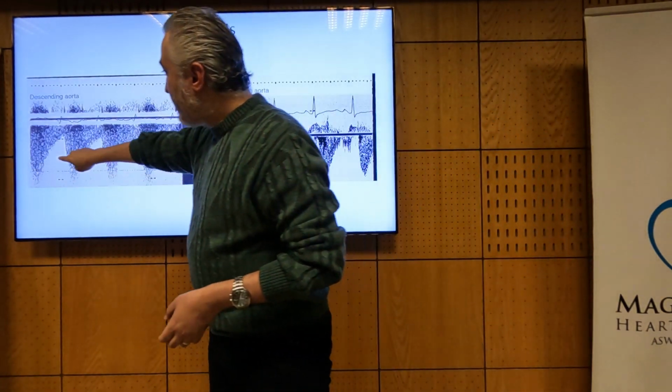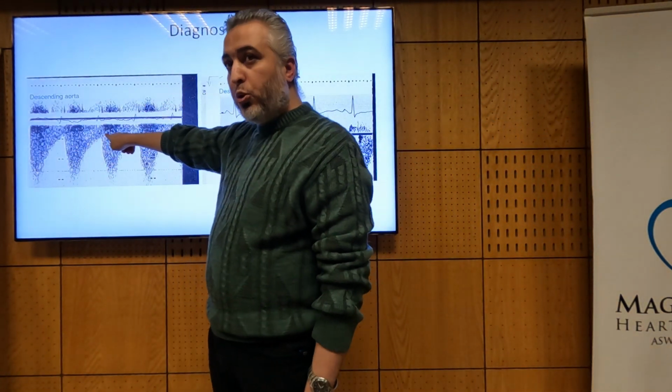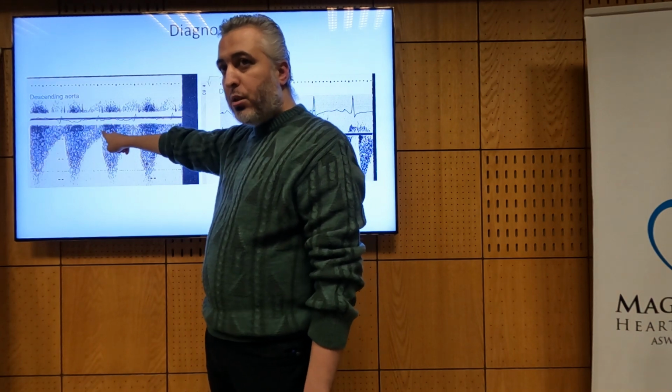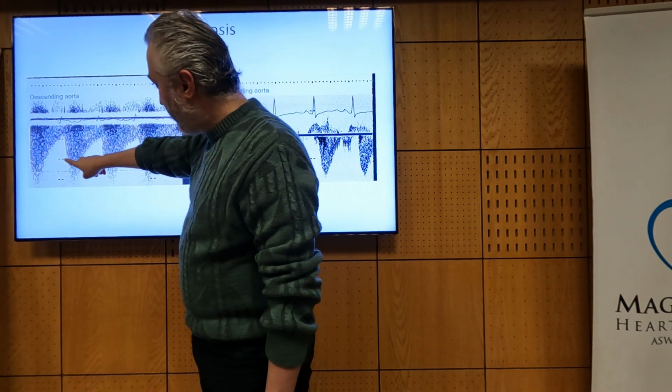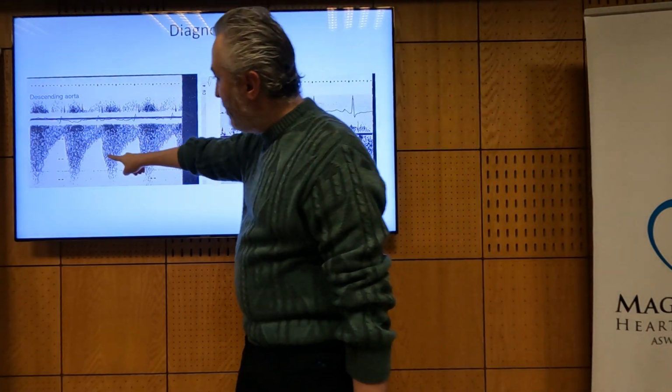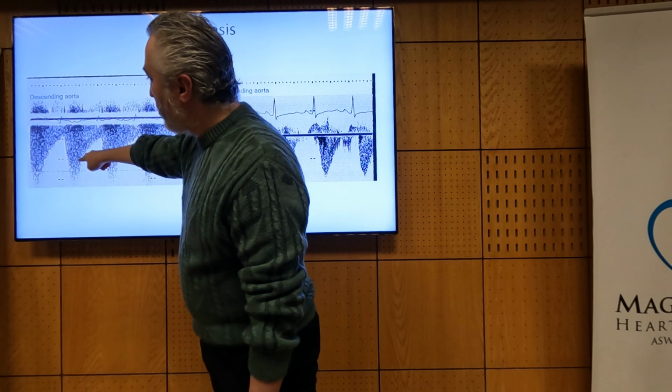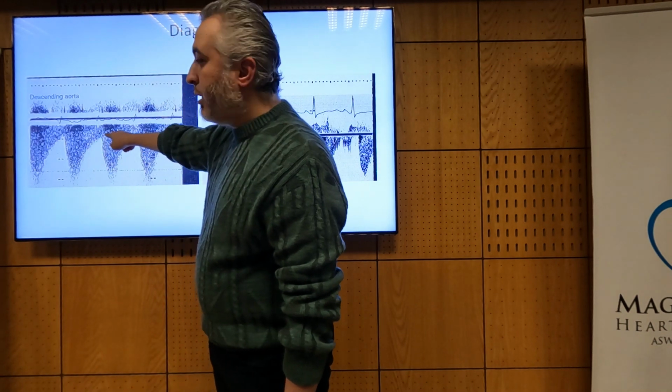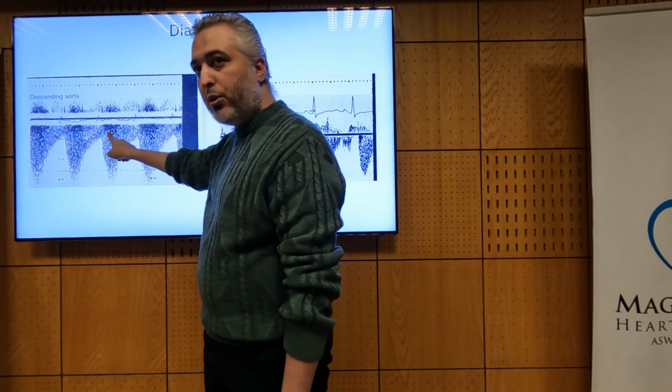And so you still get forward flow into the descending aorta during diastole. You call that tailing, so instead of having almost no flow during diastole, this is the big systolic wave, but all through diastole, you continue having forward flow from ascending to descending.